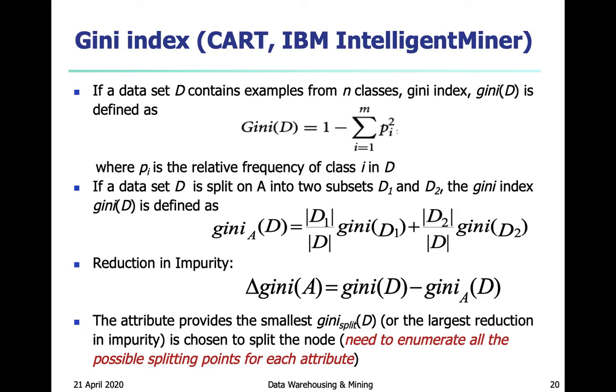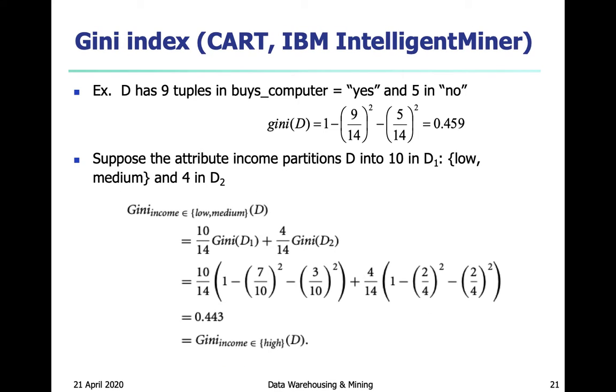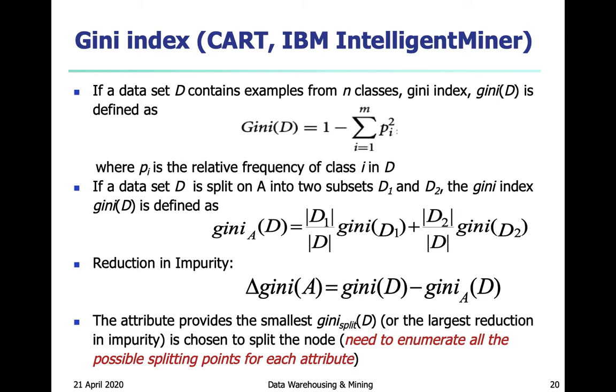The Gini index considers a binary split for each attribute. So just listen very carefully. Let's first consider a case where A is a discrete valued attribute having v distinct values, like A1, A2, A3, up to Av.